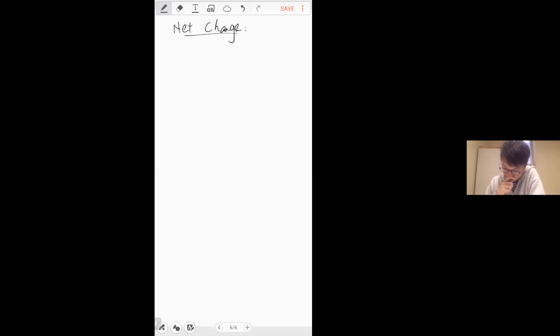Net change. So net change has to do with this thing right here. So I want to know what is the definite integral of f prime from a to b.